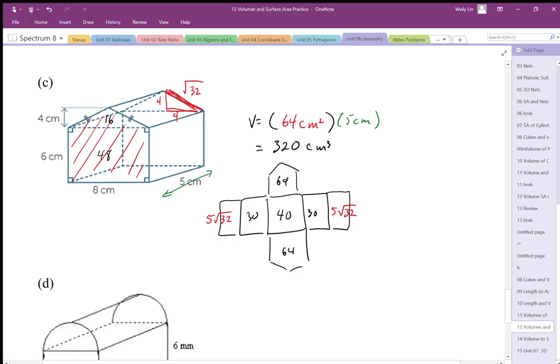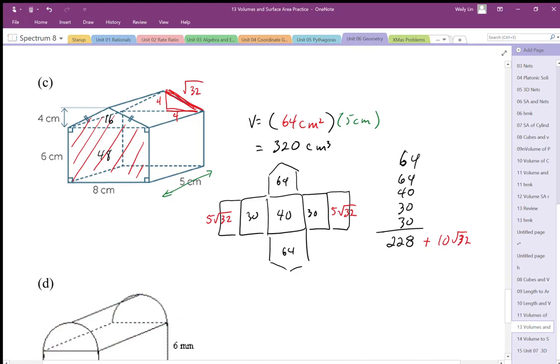So adding up all those surfaces, I'm going to keep the exact value in here, so 64 and 64, plus 40, plus 30, plus 30. Okay, so this is going to be 128, 168, plus 60 is 228. Okay, and then the square root areas are going to be 5 and 5, so it's going to be 10 square root 32.